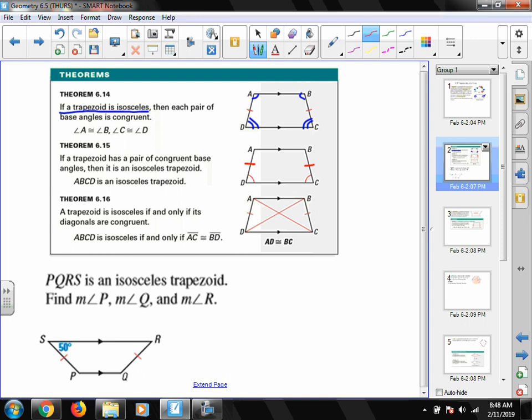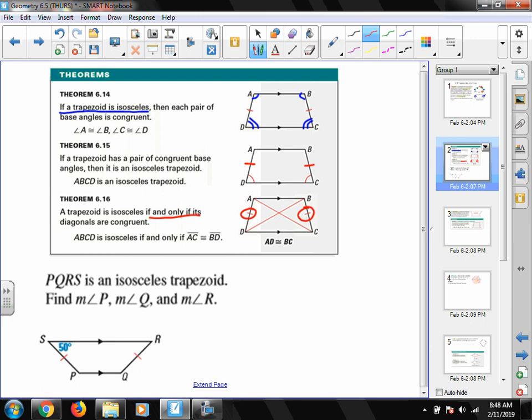And the last one we want to talk about: a trapezoid is isosceles if and only if its diagonals are congruent. So if AC is congruent to BD, then I know that AD is congruent to BC. So those two legs have to be congruent to each other.